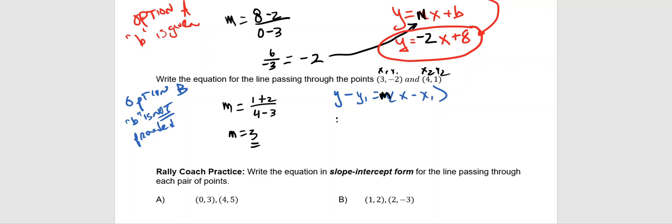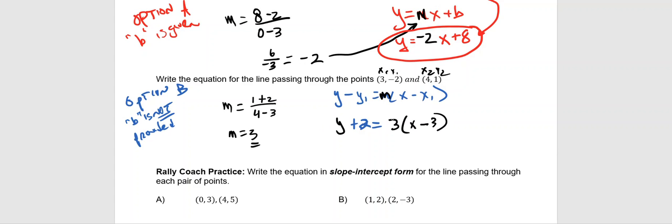So y minus negative 2, which is y plus 2, is equal to my slope of 3, parentheses, x minus my x1 value, 3.